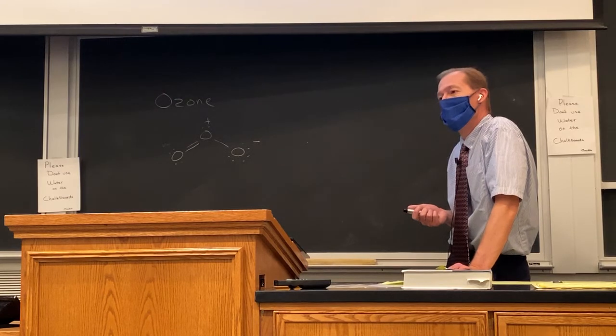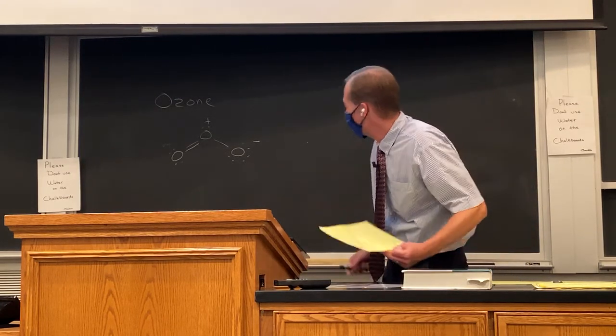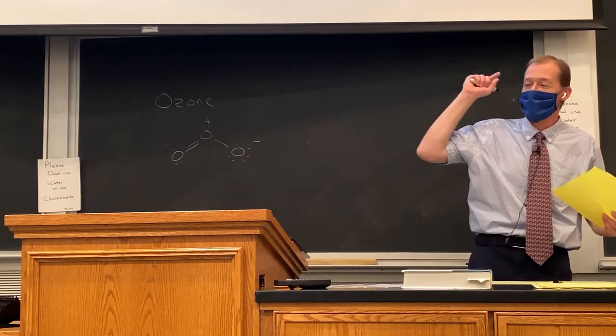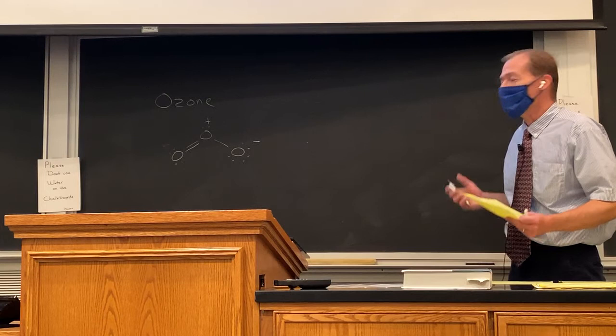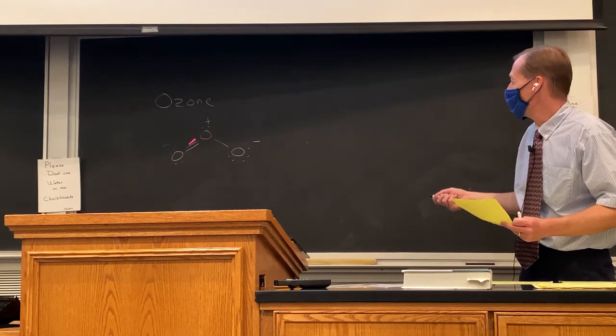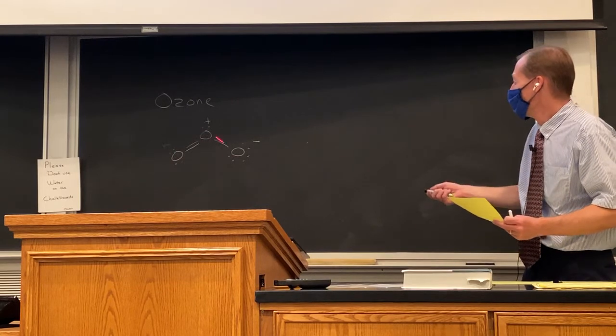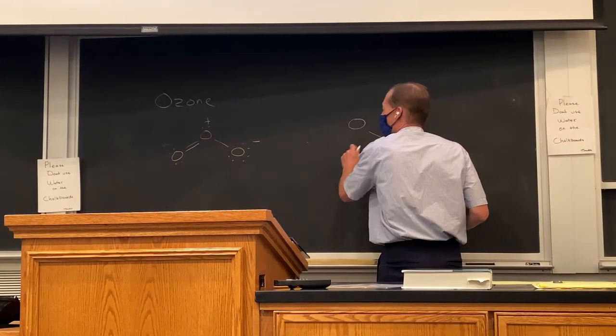It's not localized. Okay. You gave a fantastic explanation of what will take probably the next 5 minutes to go through, but I'll focus on the first part of what you said, which is that there's a second Lewis structure we can draw where you would have a single bond between these two oxygens and a double bond between these two oxygens. So I'll go ahead and draw that Lewis structure right here.